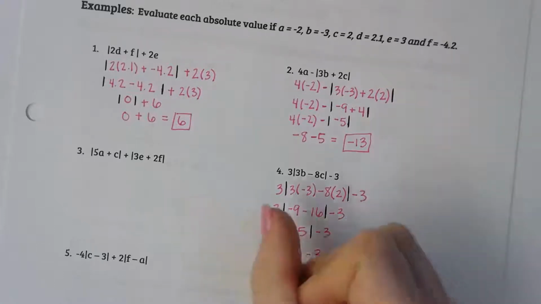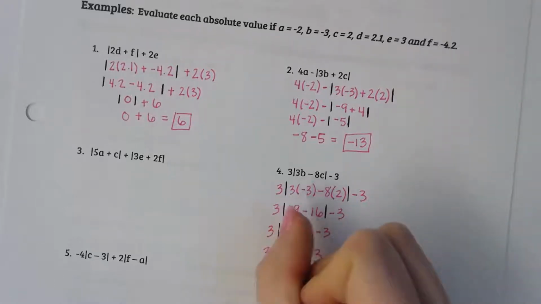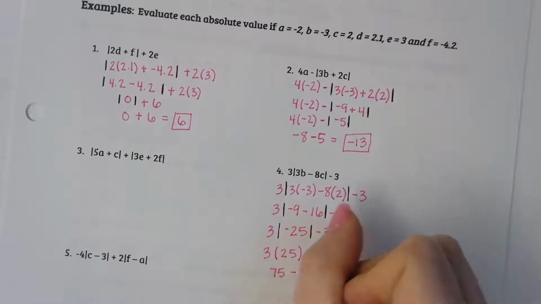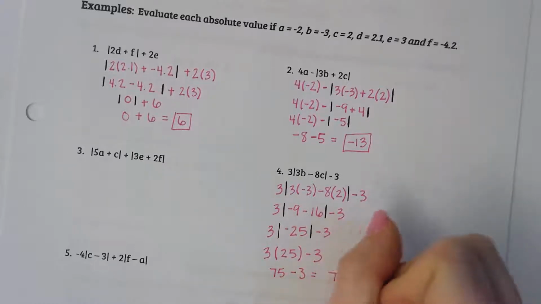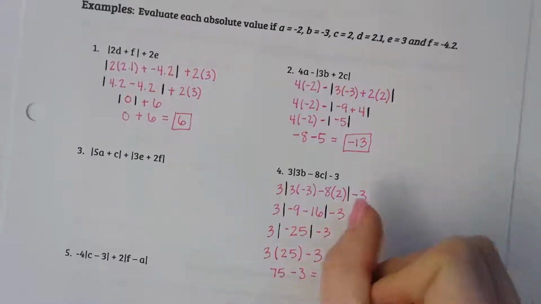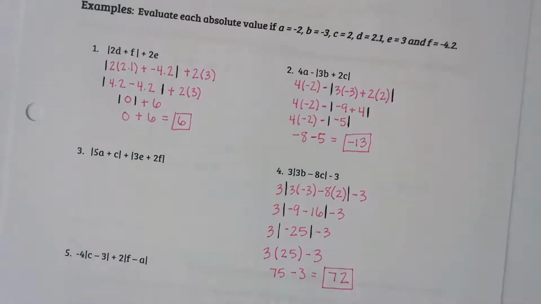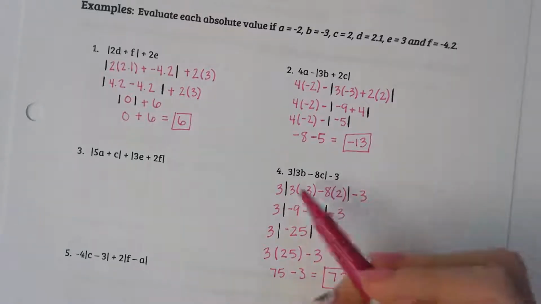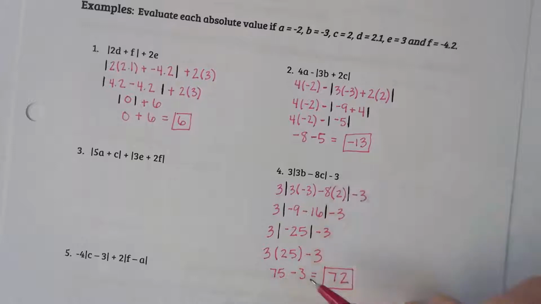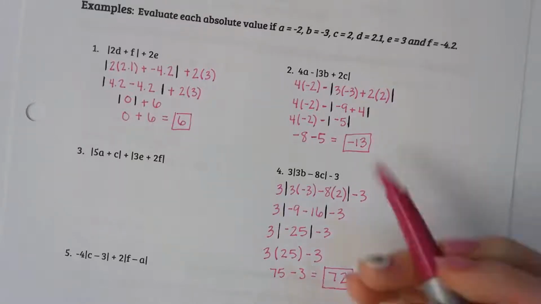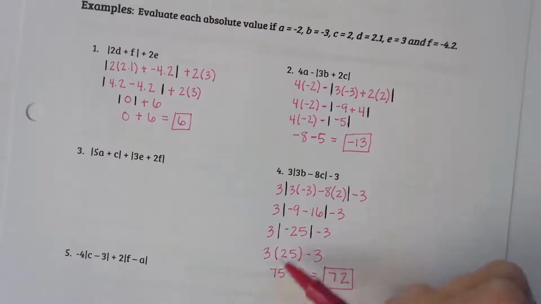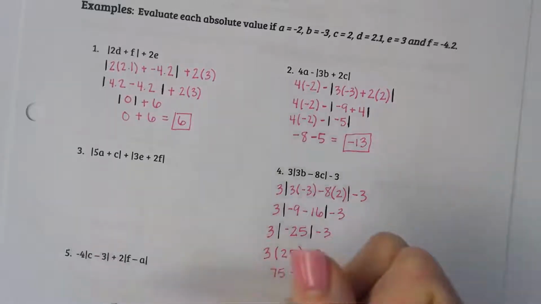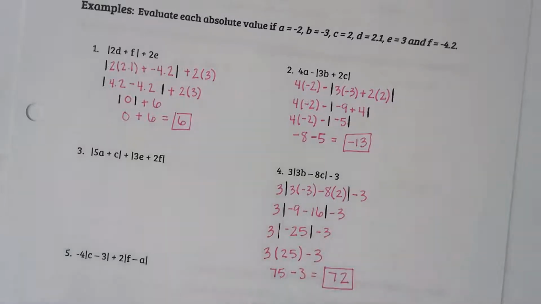So 3 times 25 is 75, minus 3 is 72. So the big thing is not to distribute this into the parentheses first. You want to make sure that everything in there is positive before you do that, or else you're going to mess up. Okay, so go ahead and do number 5 on your own.